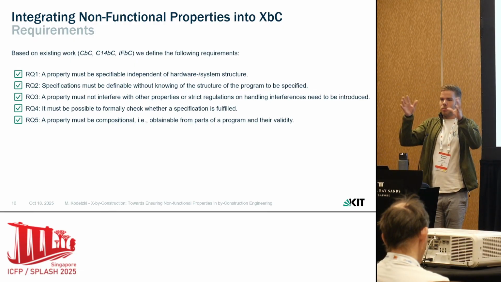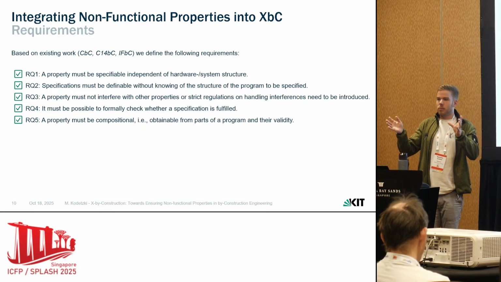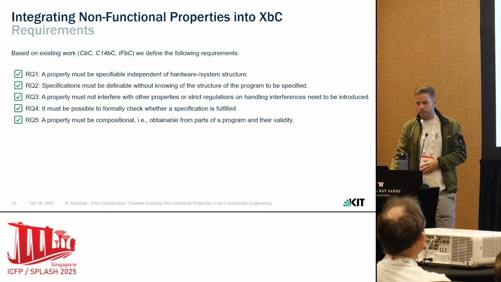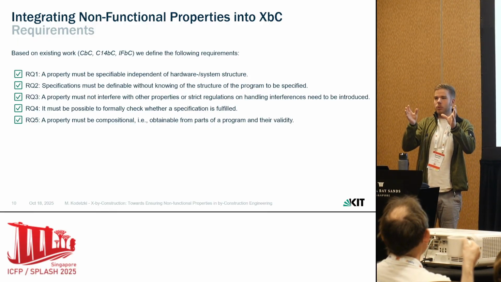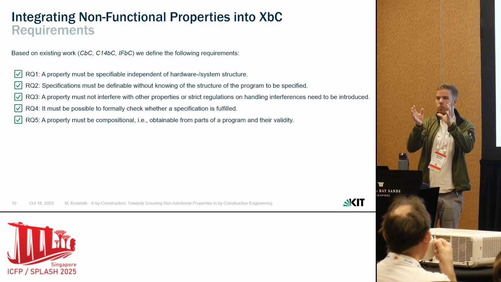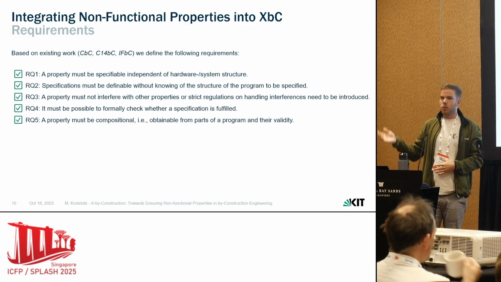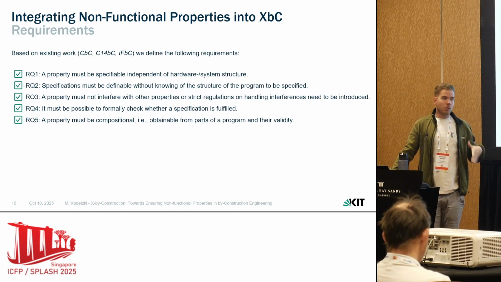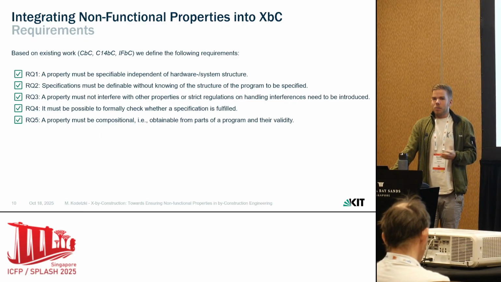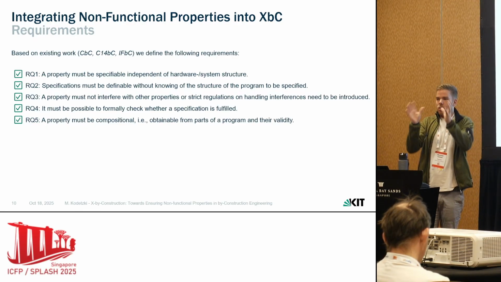We have the program itself that you saw earlier, and the program in the CBC tree, where we only have a part, but we need to be able to reason from the part of a program to the whole program. And we have compositionality on the whole system level. If you imagine energy consumption, we'll have a look at that later, there are dependencies outside the program we're just constructing. There's a whole system, there's hardware.